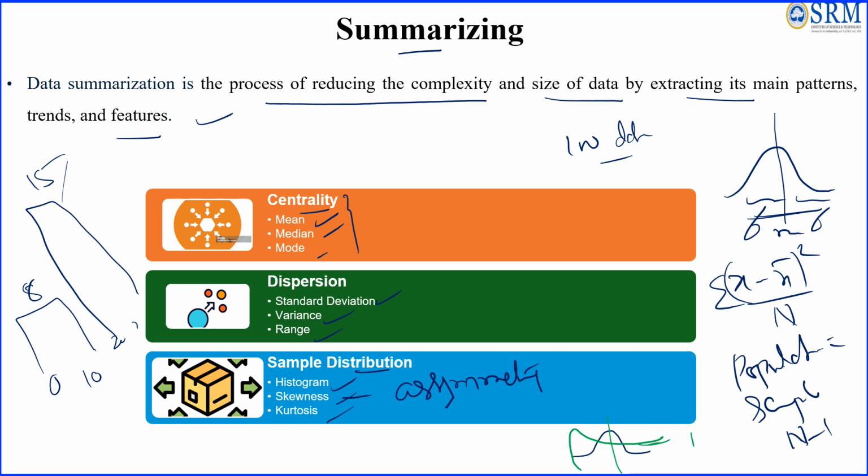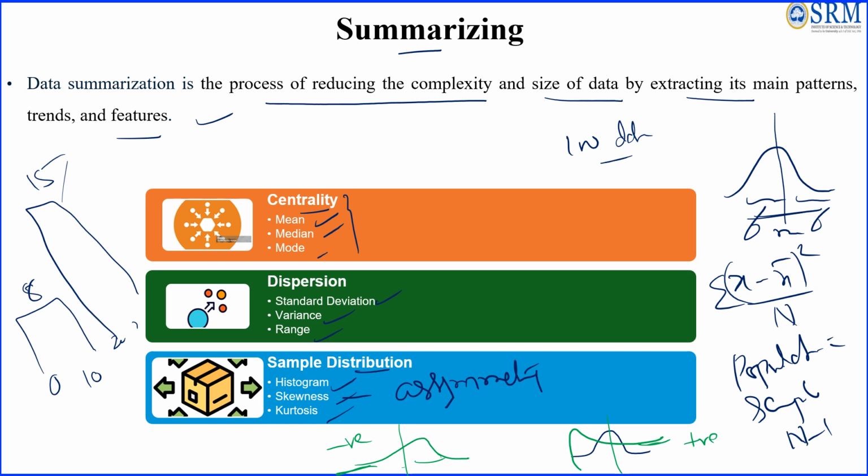The tail is on the positive side, so this is called positive skewness, which means the data is asymmetric, and this is how it is spread, how it is dispersed with respect to the median. And suppose this is the median, and it is skewed like this, here the tail is on the negative side, so this is called negative skewness. It also says how far the data is distributed or dispersed from the mean. So this is called skewness.